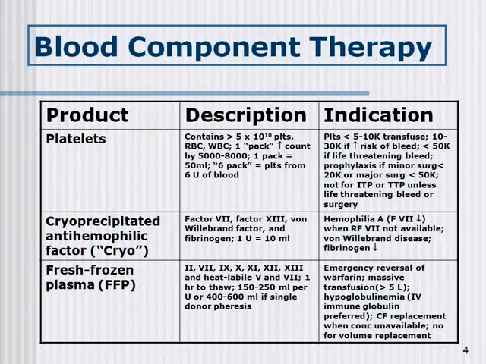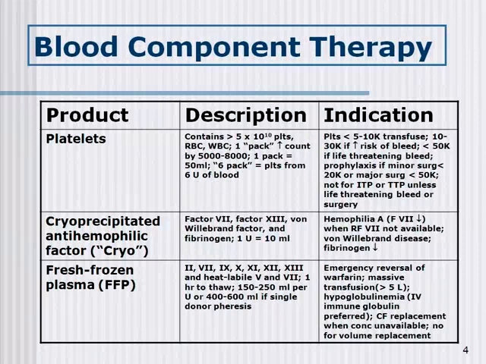Obviously, platelets can be transfused. These generally are pooled from multiple donors, and typically you can order a 6-pack, for instance, which would contain platelets from 6 units of blood.